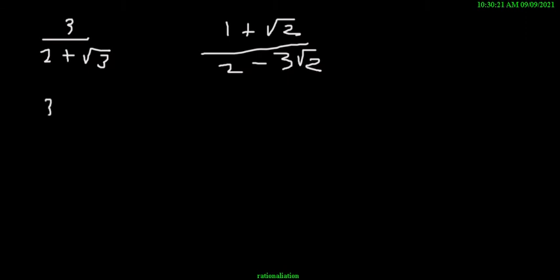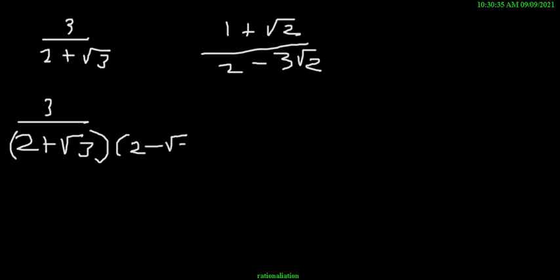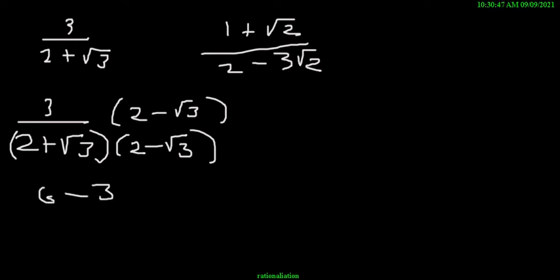Let's try this. This case would say find the conjugate, which is the conjugate of the denominator, going to be 2 plus root of 3, times 2 minus root of 3. We're going to get 6 minus 3 root of 3.